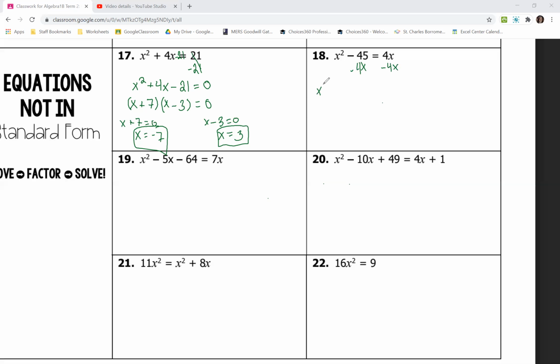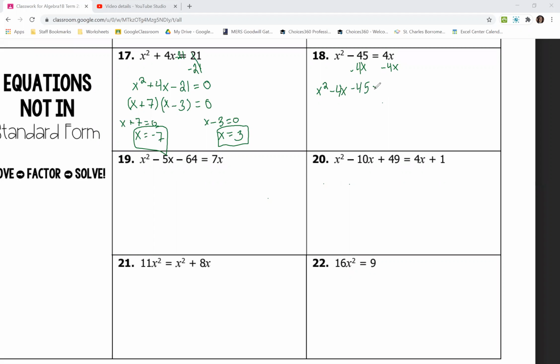I have x squared. Now, I want to write this trinomial in standard form because it helps me factor, okay? It helps me factor when I have the x squared term first, and then the x term, and then the constant. So I see that I have a minus 4x, so that's what I'm going to write next, minus 4x, and then now I can do the minus 45.